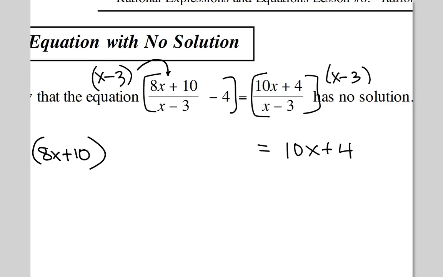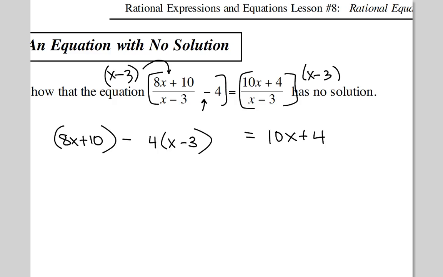That's the first term. Now what are we doing next? You're subtracting 4 of these. And this part in blue, that's where I'm going to lose some of you when you're just distributing a negative. So be very mindful of the sign changing. That's the toughest part.